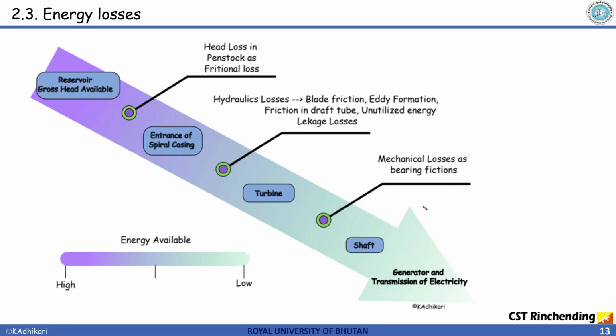I'm sorry, that grinding term may not be true here, but you just try to understand how ball bearings work. When the turbine rotates the shaft, and the shaft in turn rotates the generator, there is always a movable part, and for this movable part, there will be frictional losses. Okay, it's a different friction. Here the friction is between the movable parts. There the frictional loss is the frictional loss in the liquid. Here it is not in the liquid.